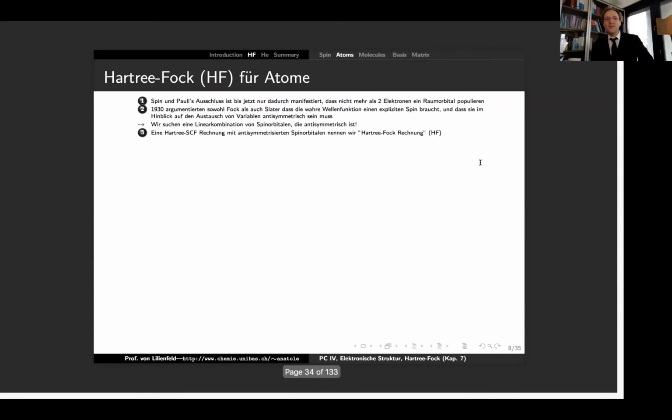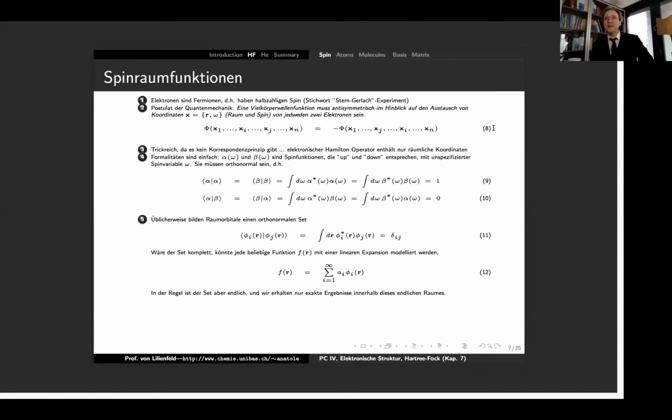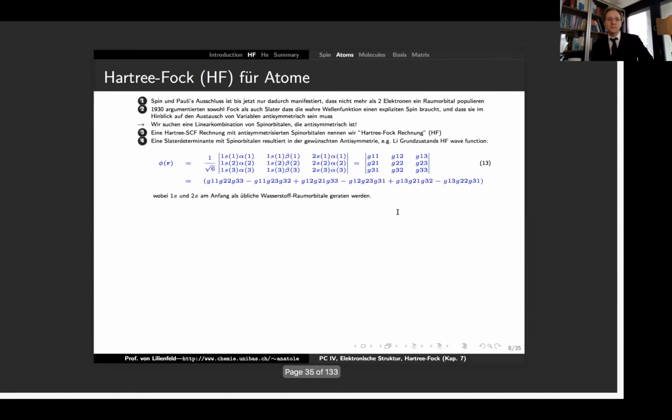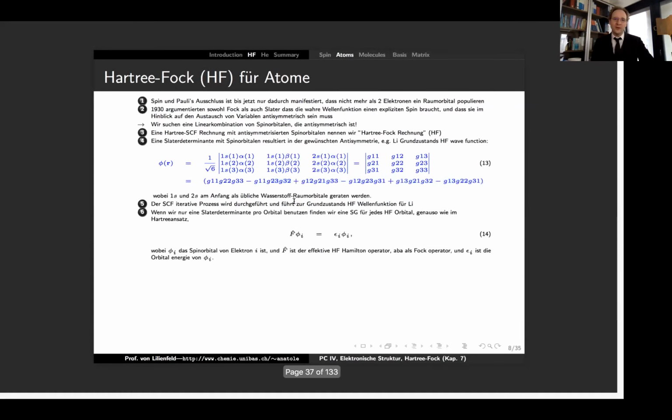So it meets this condition, condition 8. Now you do an SCF with this expansion, just as we discussed for Hartree, and then you're doing a Hartree Fock solution.